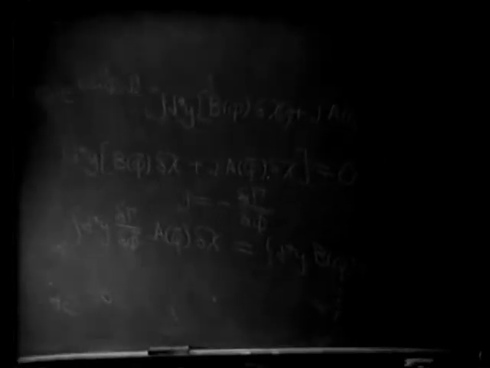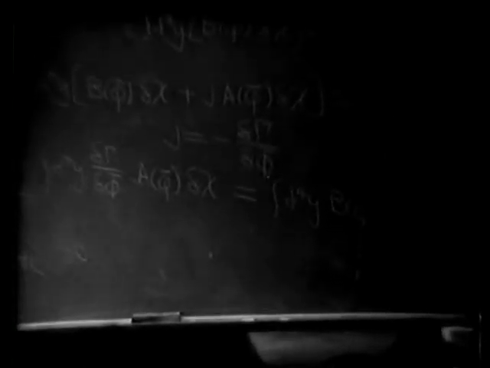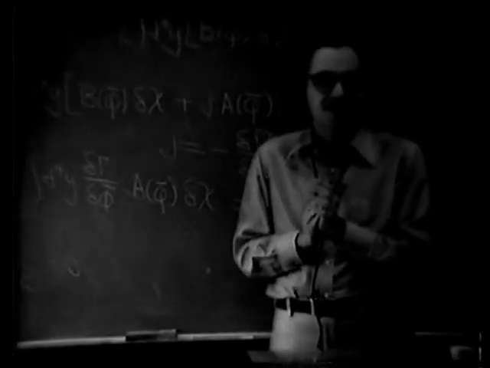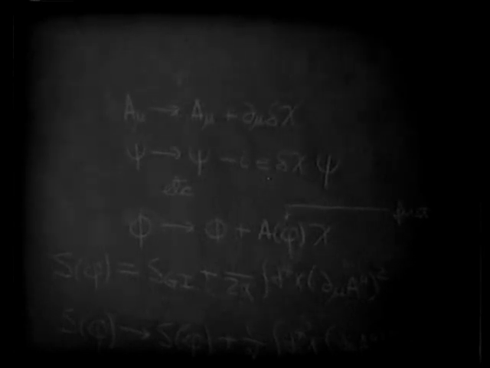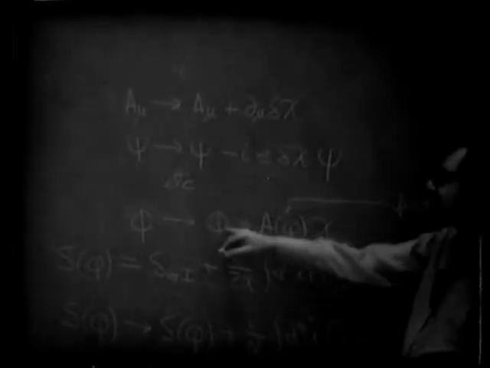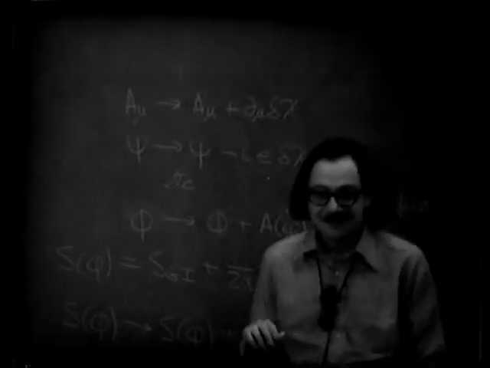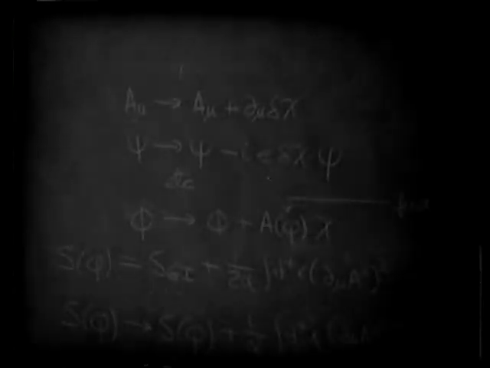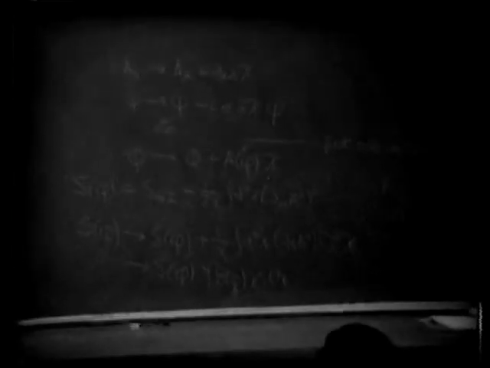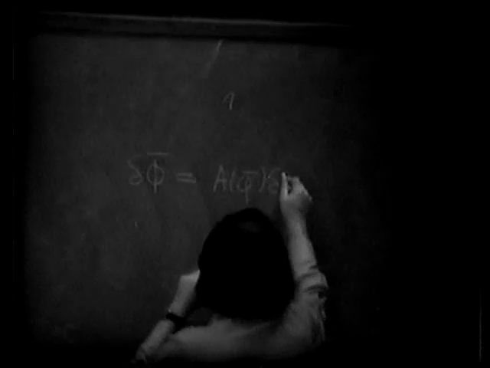Now, what is the meaning of this equation? This tells us how gamma of phi bar transforms under gauge transformations. That is to say, if I consider the gauge transformation for the phi bars, the mean fields, that is exactly the same as the gauge transformation I originally had for my quantum fields, to wit, delta phi bar equals exactly the same rule, A of phi bar delta chi.